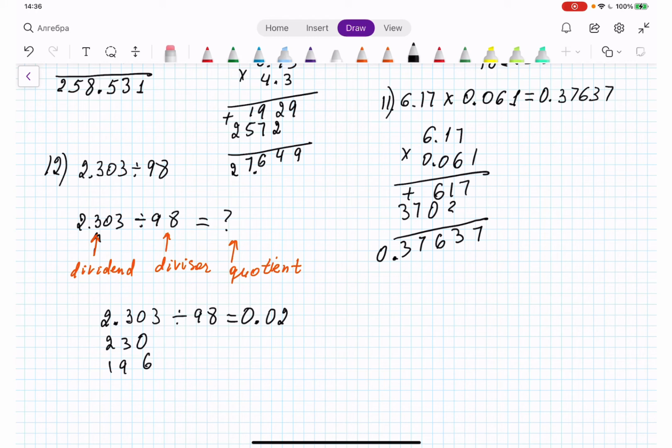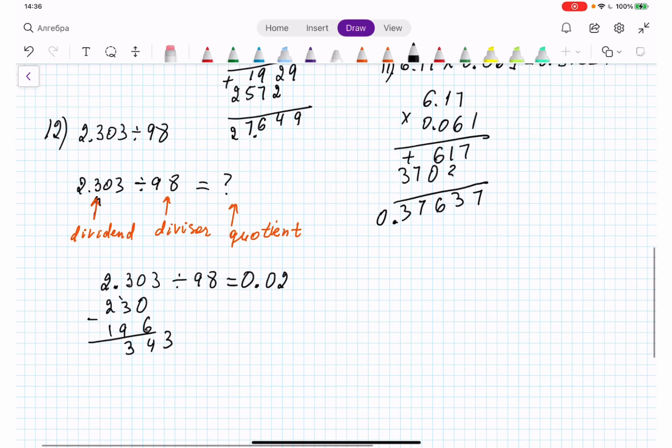So from here, the remainder is 10 minus 6 is 4. Here we have 2, borrowing 1 more. 12 minus 9 is 3. Here is 0. So adding 3, 4, 3. Next 3. 343. So I'm taking 34 because it's difficult to guess how many times 98 will go into 343. I'm taking just the first two numbers.